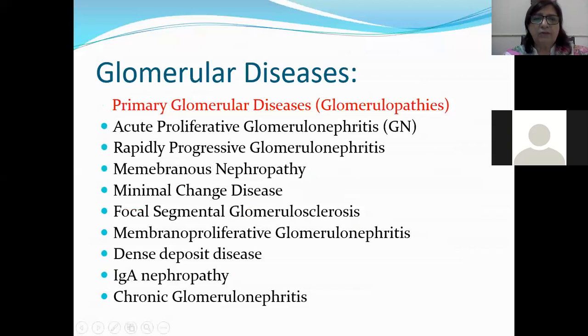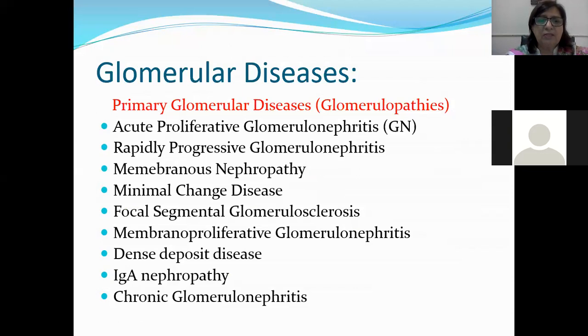In primary glomerular diseases, which are known as glomerulopathies, number one is acute proliferative glomerulonephritis. Number two is rapidly progressive glomerulonephritis. Both of these produce nephritic syndrome. Then membranous nephropathy, minimal change disease, focal segmental glomerulosclerosis, and membranoproliferative glomerulonephritis all produce nephrotic syndrome, which I'm going to describe when I describe each one of them separately.